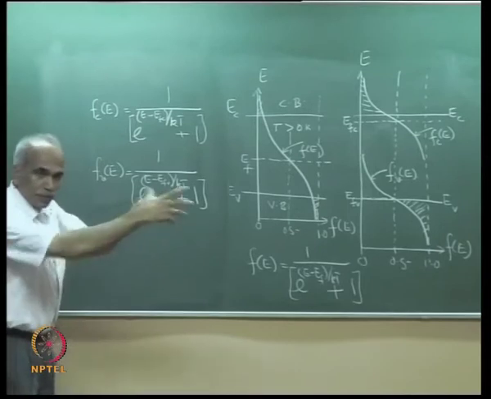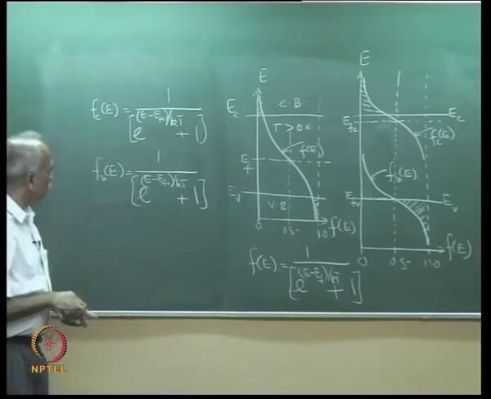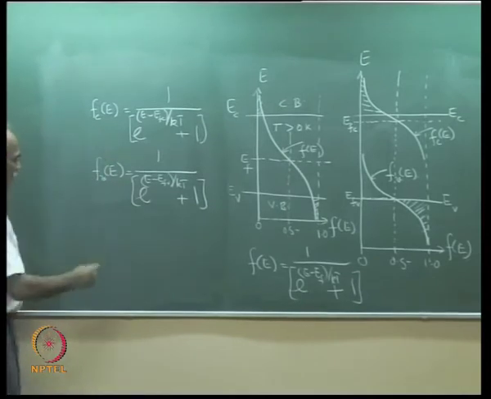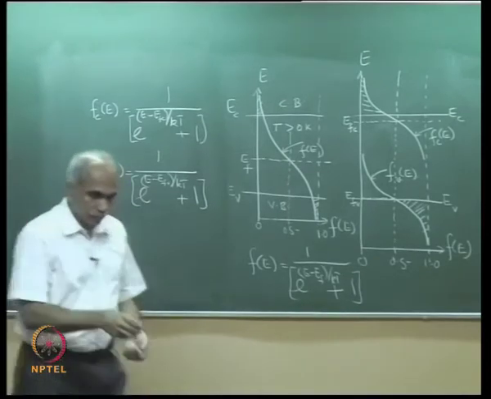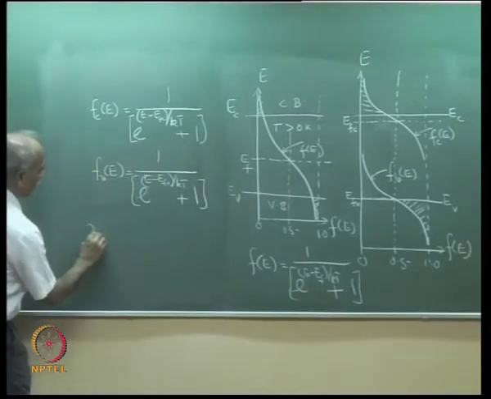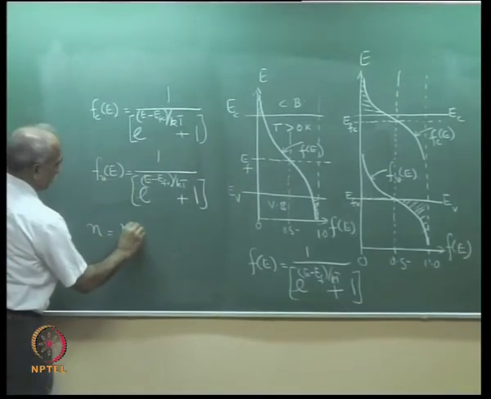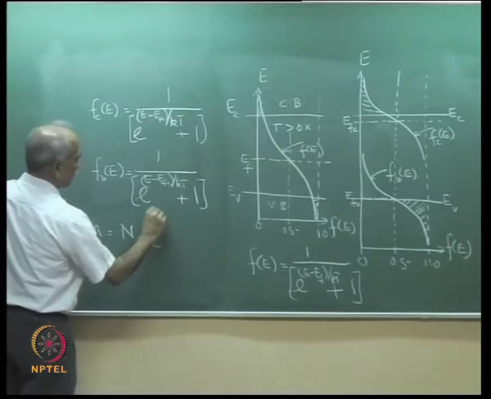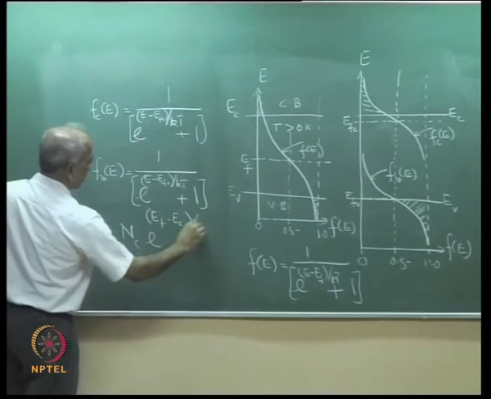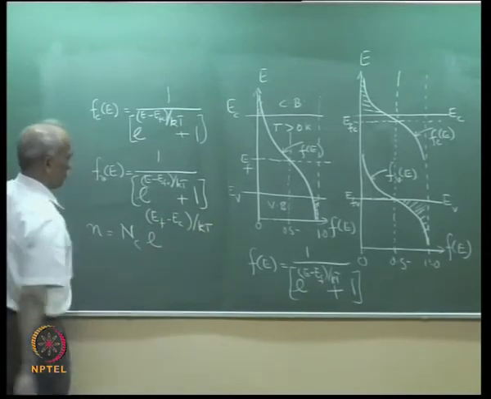Before I proceed to the excitation mechanism, more about it: under the Boltzmann approximation, we had an expression for carrier concentration n equal to Nc into e to the power EF minus Ec by kT at thermal equilibrium.